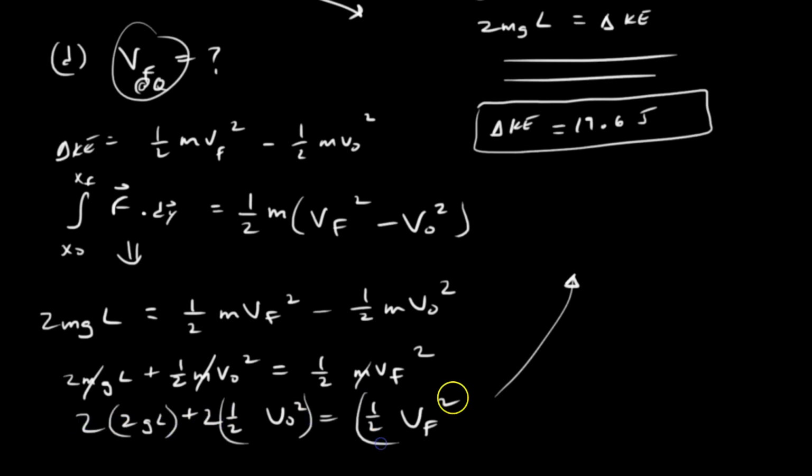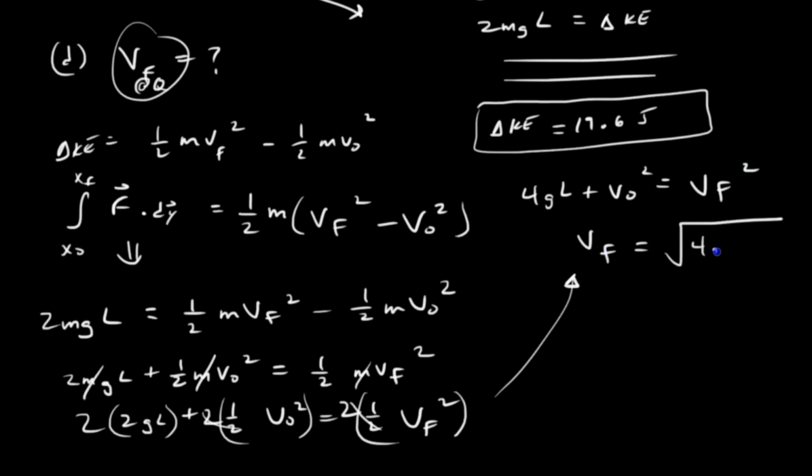So 2 times 2 is 4, 4gl, plus v0 squared equals vf squared. And finally, vf is equal to the square root of 4gl plus v0 squared.